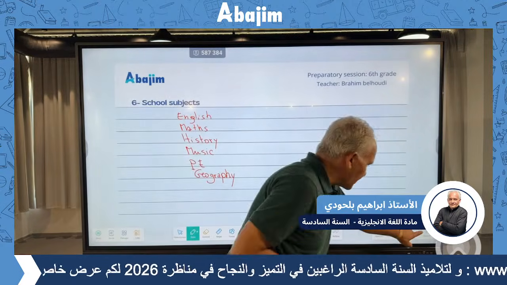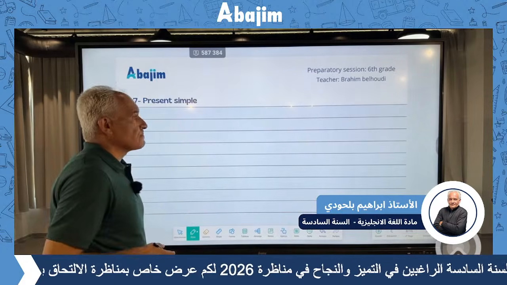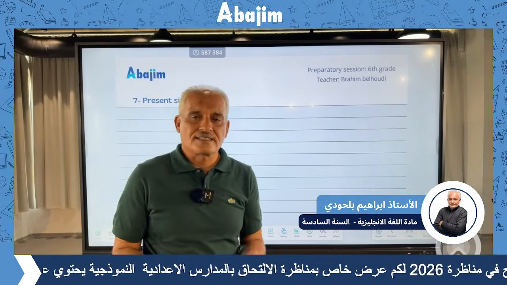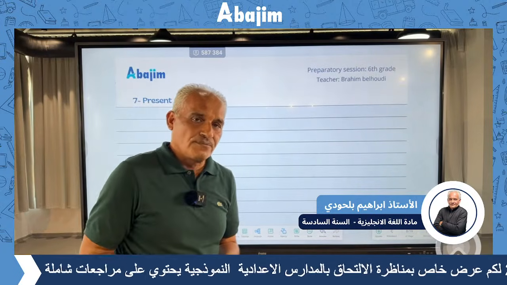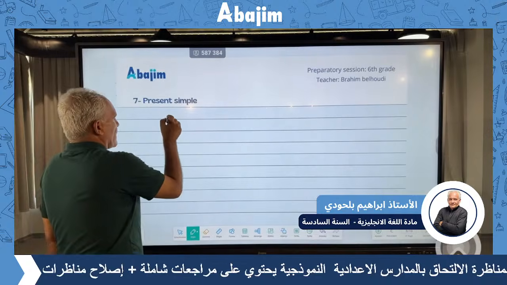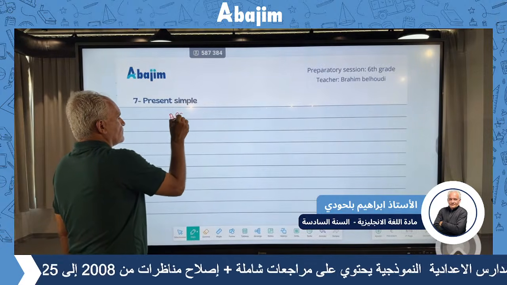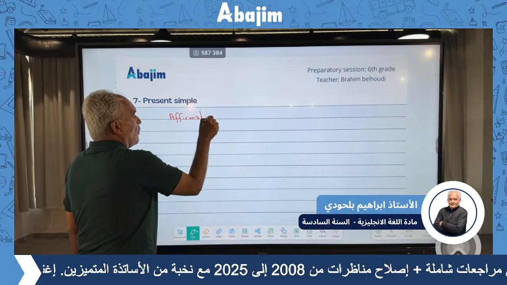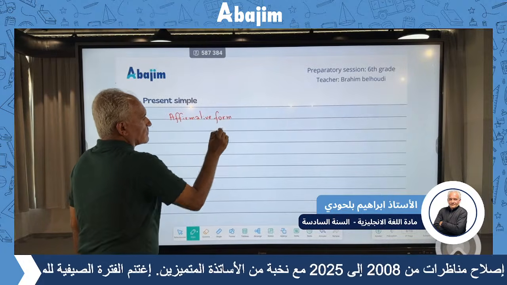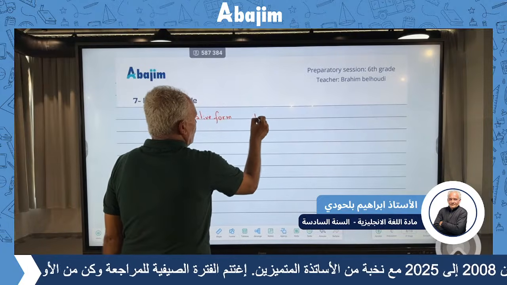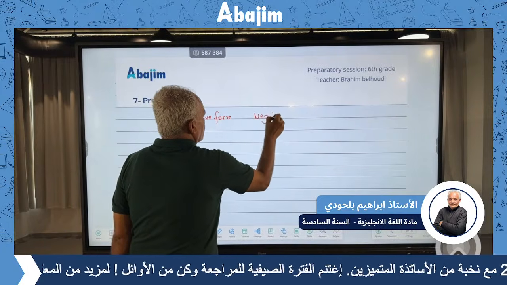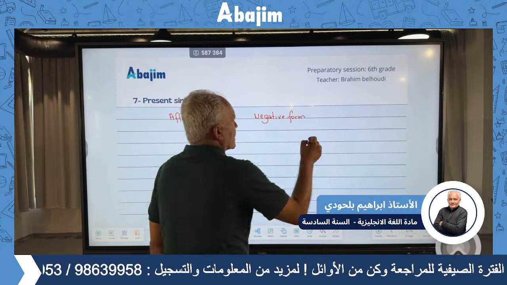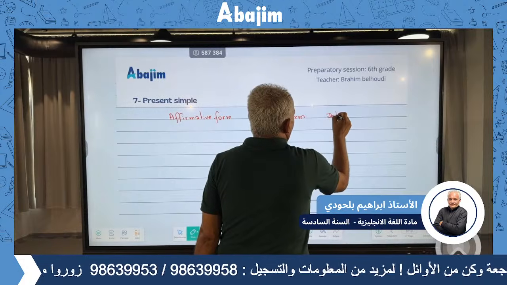So I pass to the following one, which is number 7, present simple, okay? Present simple is tense number 1. Pupils study at school. The present simple has 3 forms. We have the affirmative form, the negative form, and the interrogative form.